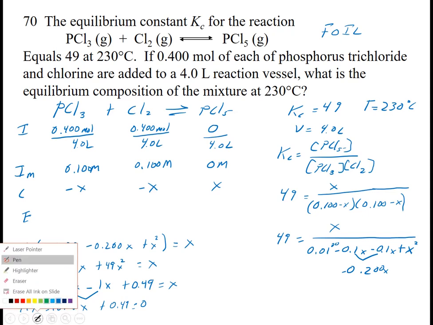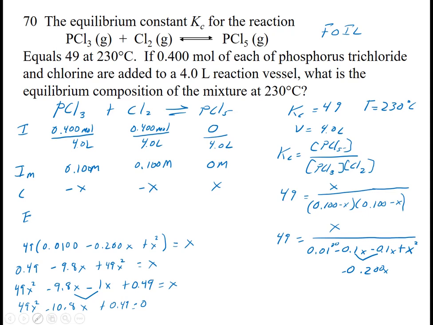I'm going to put this into the quadratic equation, which is x is equal to negative b, so x is equal to plus 10.8 plus or minus the square root of b squared, so negative 10.8 squared.